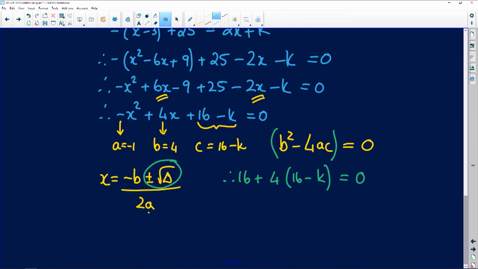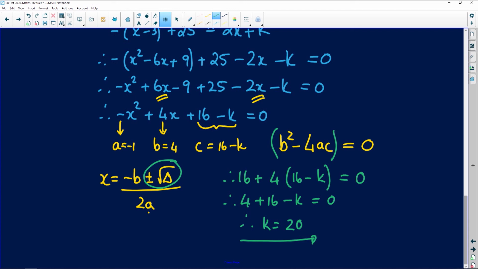There's a common factor of 4 throughout that problem. So let's divide by 4. Then we get 4 plus 16 minus k is 0. And all of a sudden, this has become an arithmetic problem. The k value has to be 20.